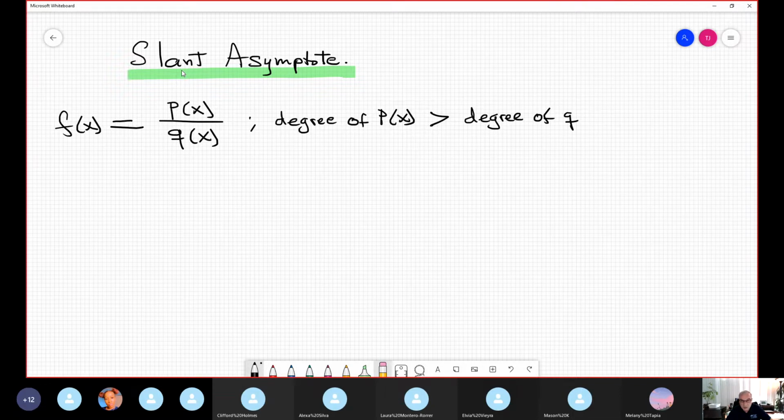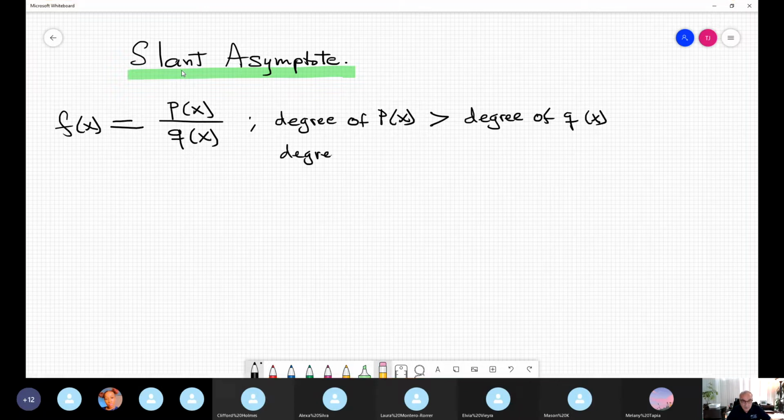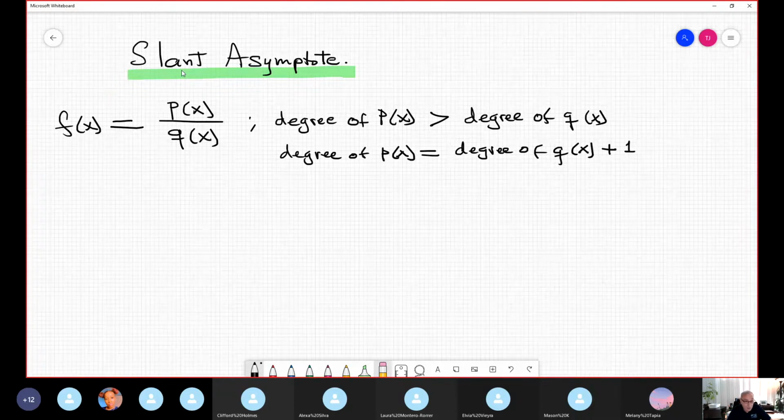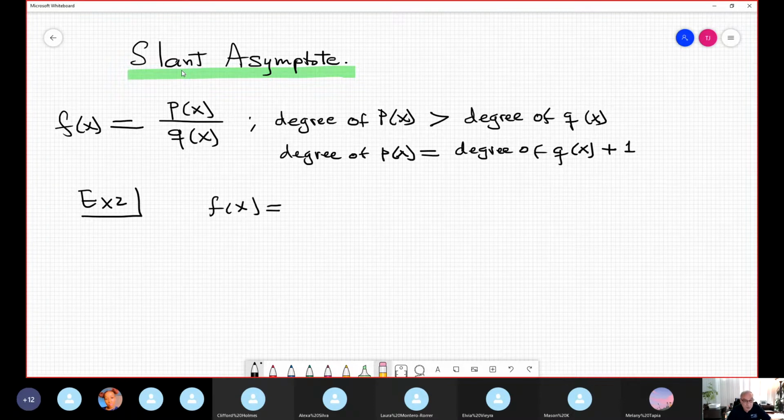Suppose you set it like an equation: degree of P is equal to degree of Q plus 1. For example, today: suppose the function f of x is equal to x squared plus 1, divided by x minus 1.